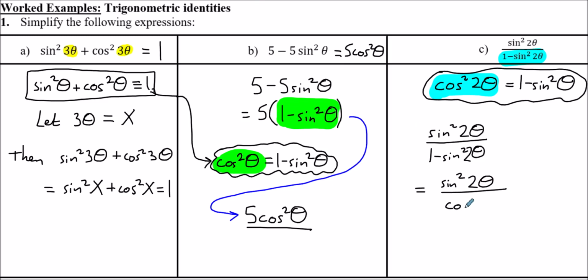Now sin squared over cos squared, because sin over cos is tan, sin squared over cos squared is tan squared. And so this is actually equivalent to tan squared of 2θ. And so that brings question 1 of these worked examples to an end. We can now have a look at question 2.